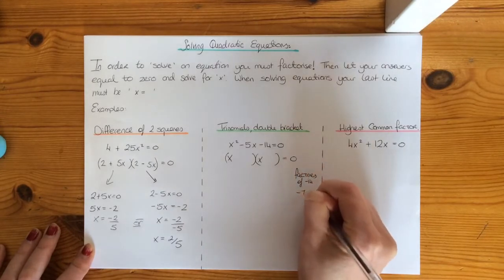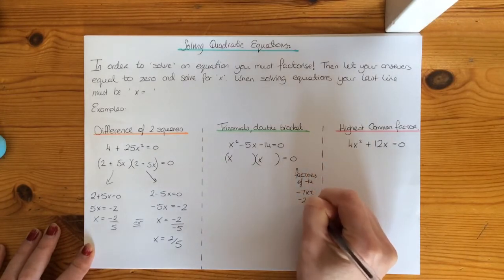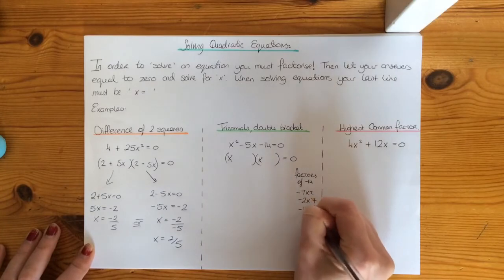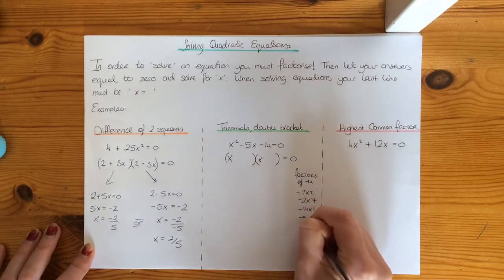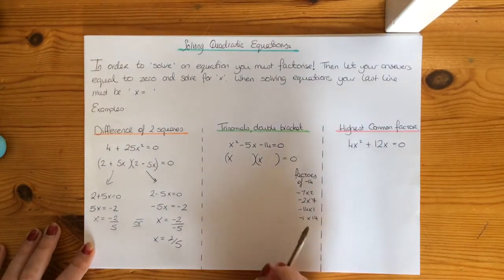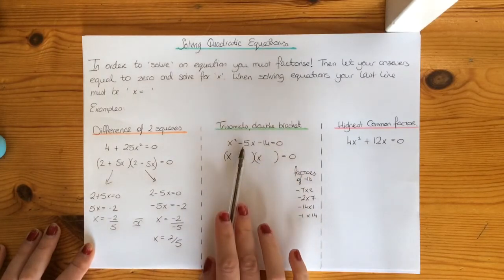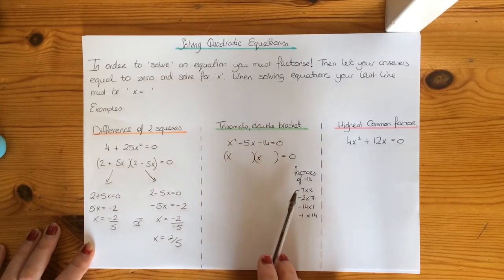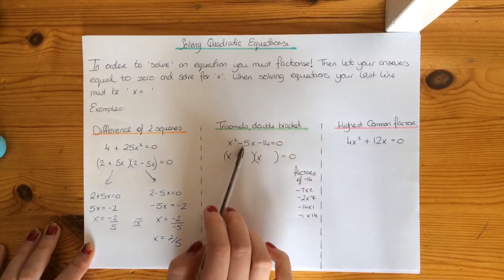So we've got minus 7 times 2, minus 2 times 7, minus 14 times 1, minus 1 times 14. Okay, so there's my possible factors of minus 14. So now from these four pairs listed, we must decide which one of them adds together to give us minus 5. So see, minus 7 plus 2 gives us minus 5.